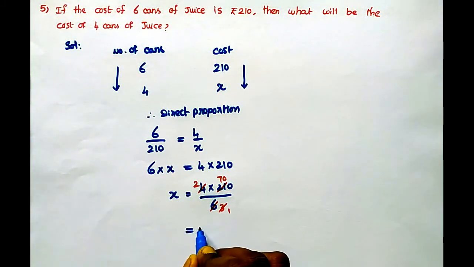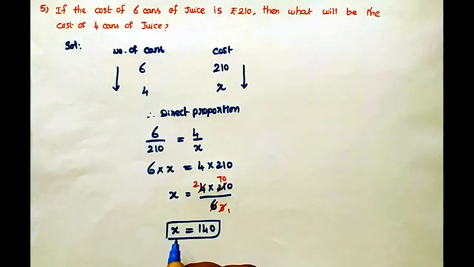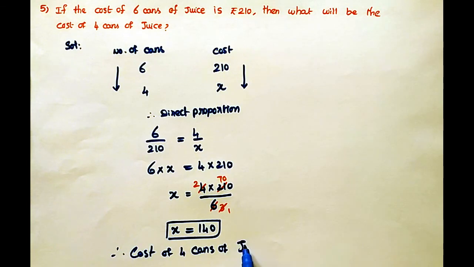So 2 into 70, that is 140. So cost of 4 cans, therefore cost of 4 cans of juice equal to rupees 140. That is the answer.